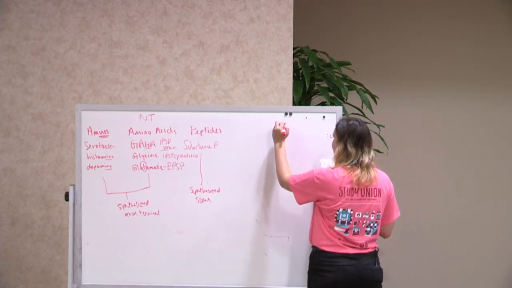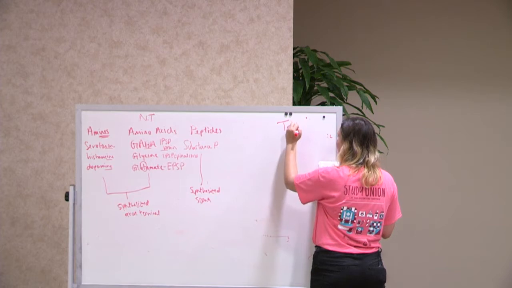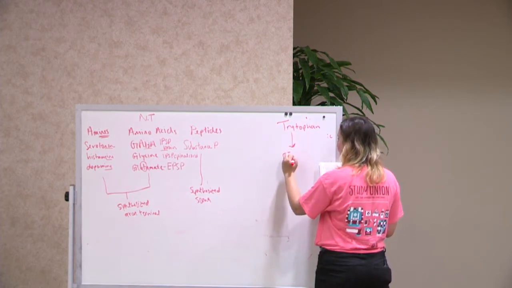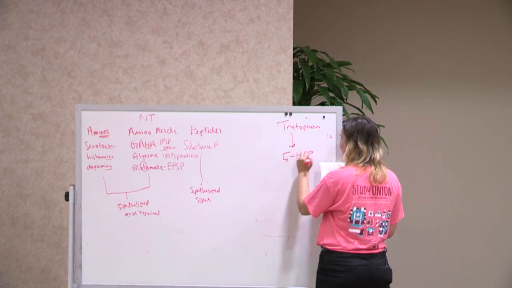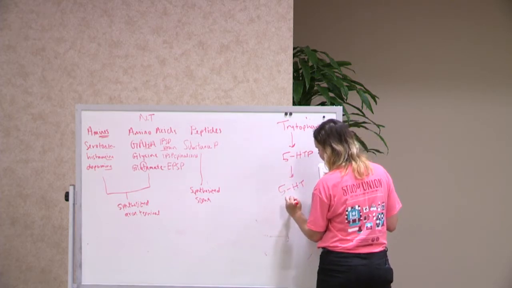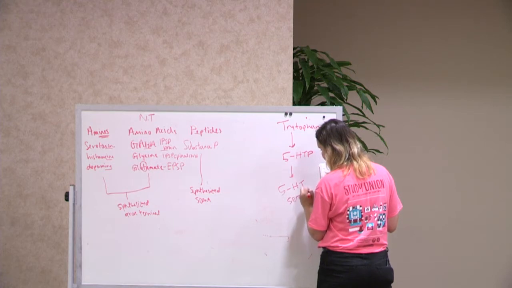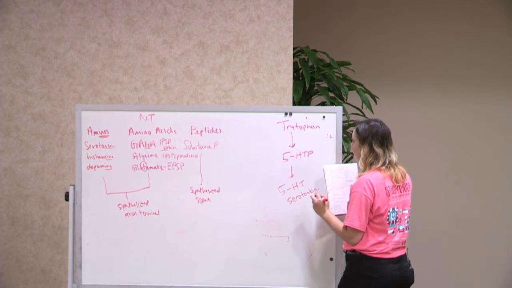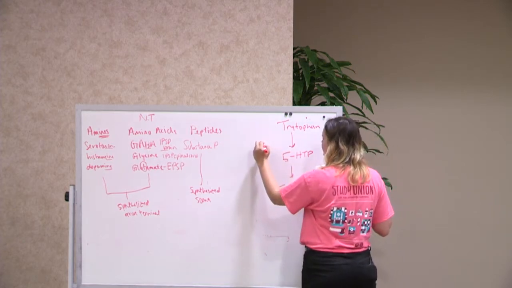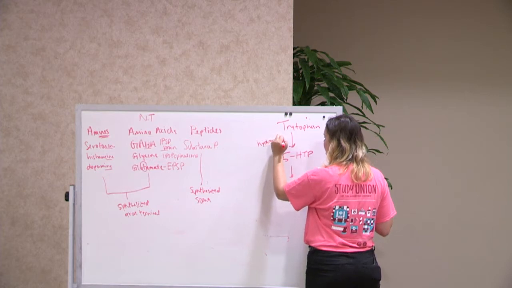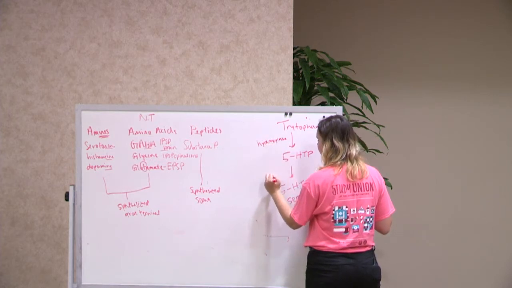The way we make serotonin is by tryptophan. Then we go to 5-HTP, and then we go to 5-HT, which is also serotonin. The enzymes are hydroxylase and then decarboxylase.